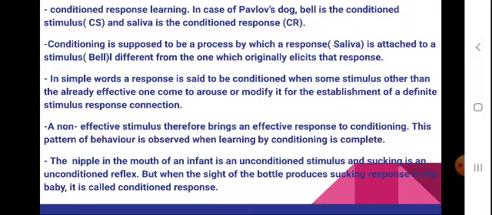This is called conditioned response learning. In case of Pavlov's dog, bell is the conditioned stimulus, okay, and saliva is the conditioned response.